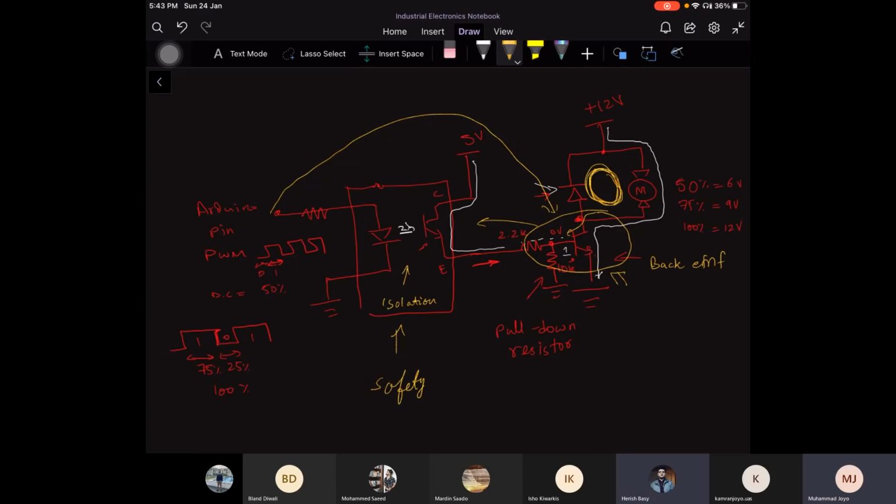Okay. Have you worked with relays? The industrial relay? One time we created a project with it. If you have used an industrial relay, there is a small LED inside it. If you would have noticed that, it is there because a relay is also an inductive load.